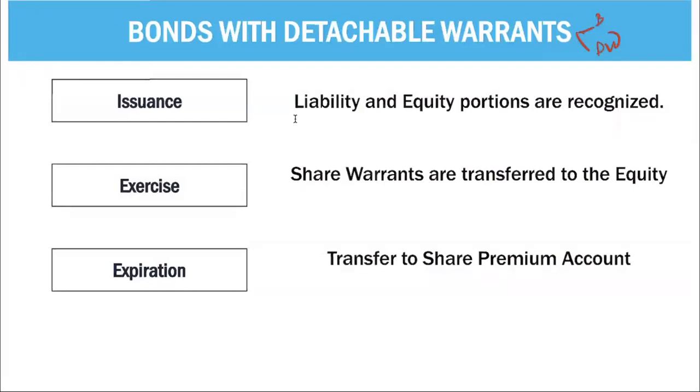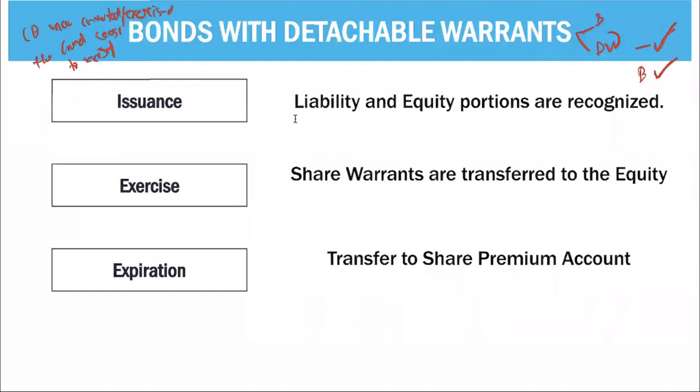Unlike in your convertible bond, where once converted or exercised, the bond ceases to exist, here, with the detachable warrants, once exercised, the bond will continue in existence. So, before, when you exercised, the bond disappeared. Here, when you exercise, the bond is still there.